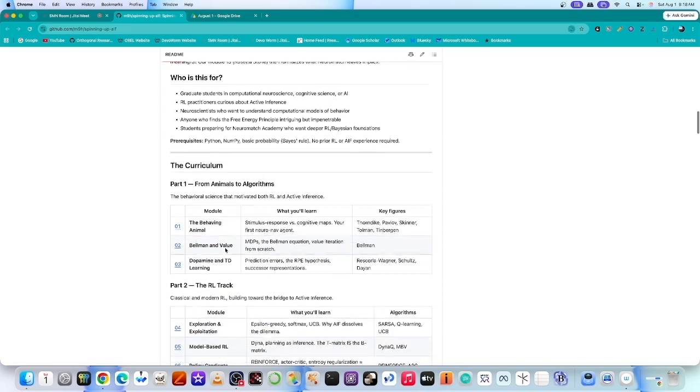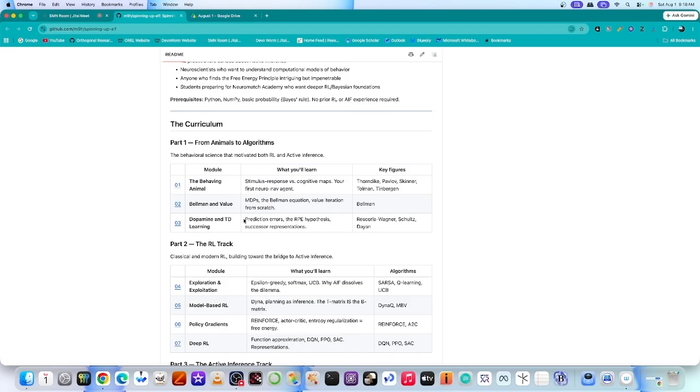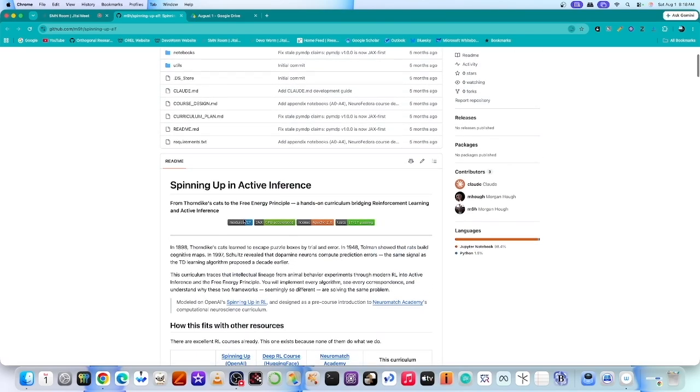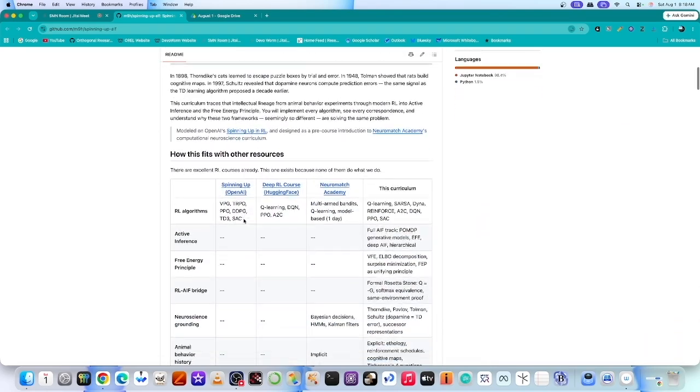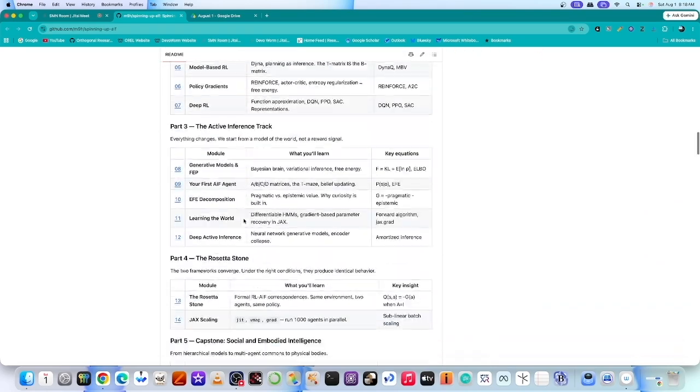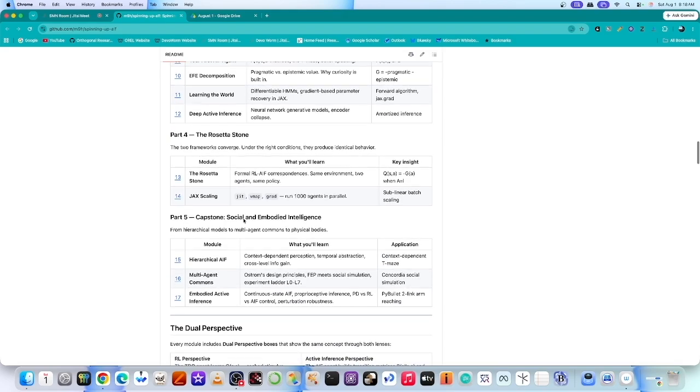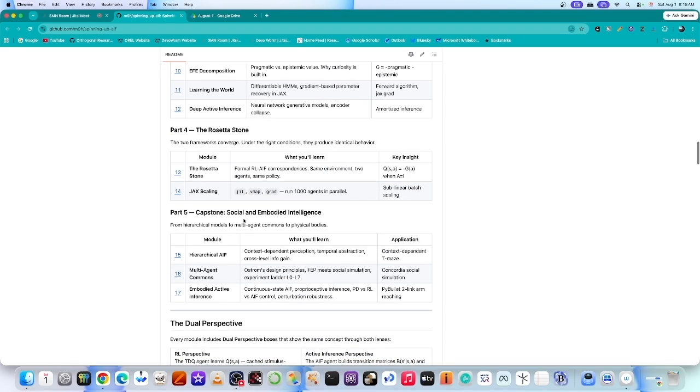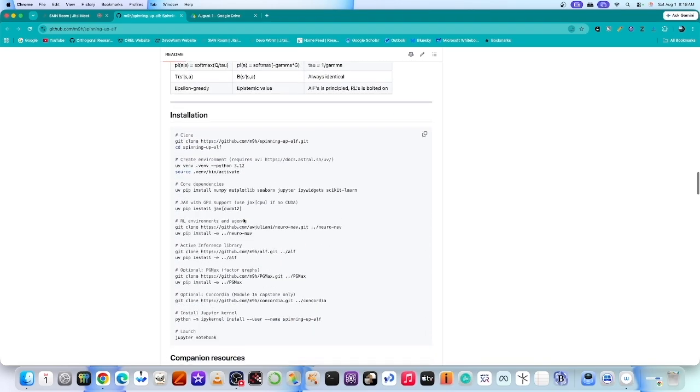So we saw this here with the curriculum that you have, but the tools, of course, are supposed to be code tutorials, not just tutorials.